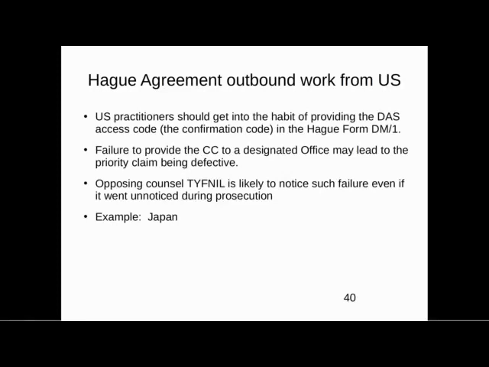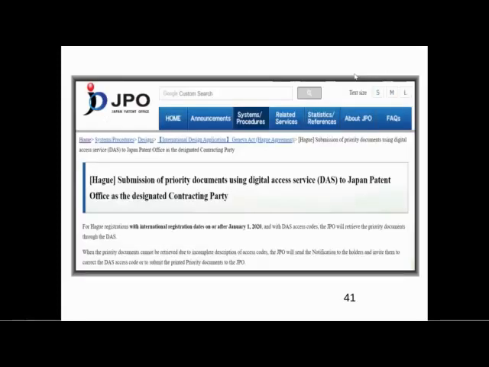And for outbound work that is going out of the U.S., you filed your U.S. counsel, you filed a Hague case, and you designated Japan. The Japanese Patent Office is one of the offices that cares whether a certified copy did or did not reach the Japanese Patent Office as part of the Hague process. Here's a quote from the Japanese Patent Office: if you file a Hague case and designate Japan, and if you provide a DAS access code in the form DM1, the Japanese Patent Office will electronically receive the priority document through the DAS system as of January 1 of 2020.